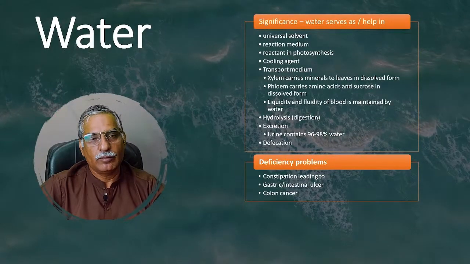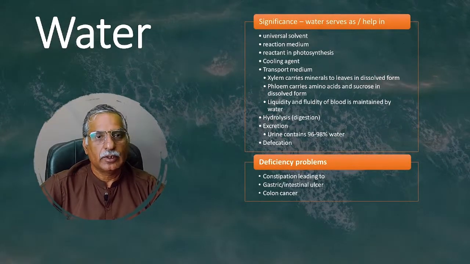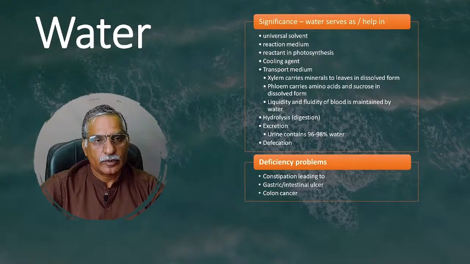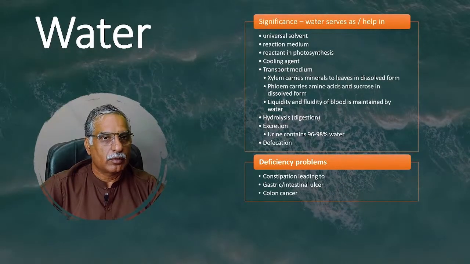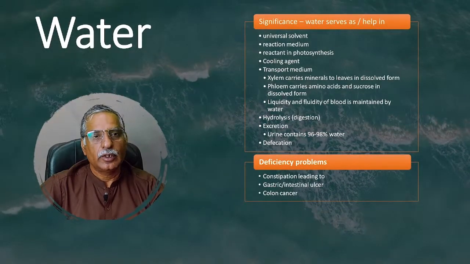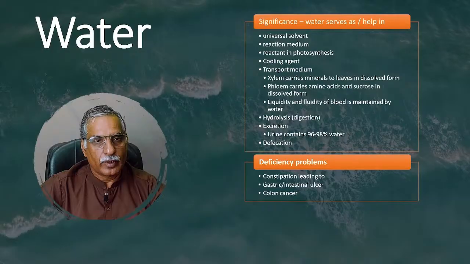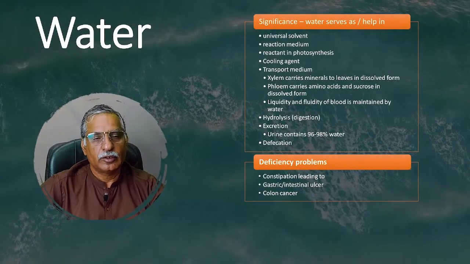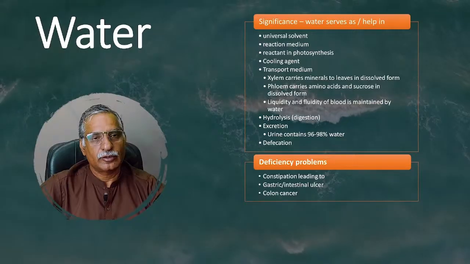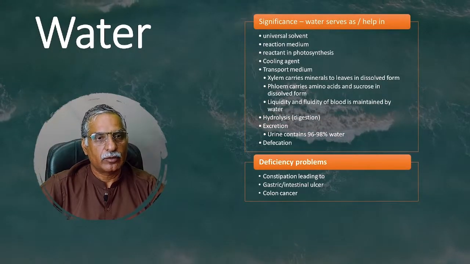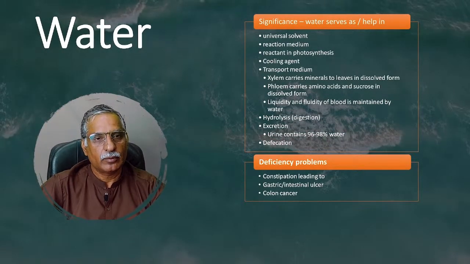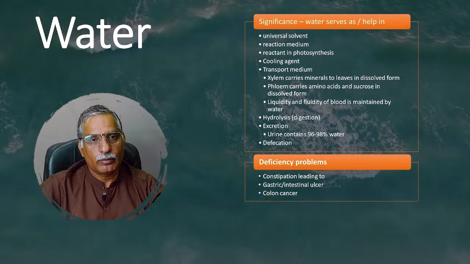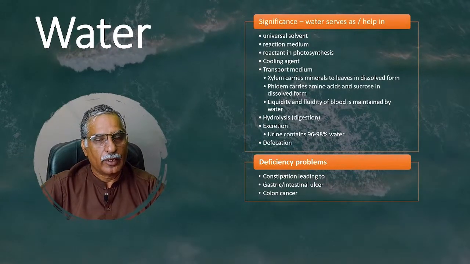At the same time, less water means we may be suffering from constipation, and prolonged constipation can lead to intestinal ulcers. Toxicity would also prevail within the body because less water means less urination, so toxic substances like urea would stay more of the time within the body. So problems would be raised for the body as well.